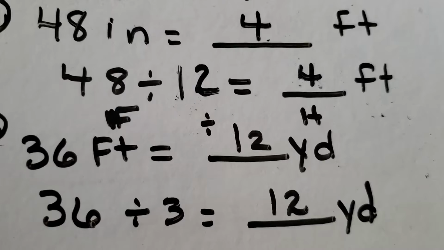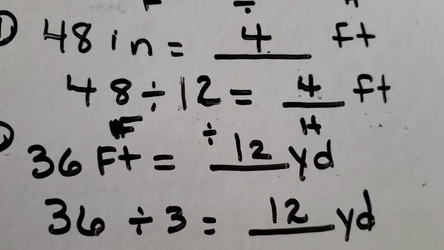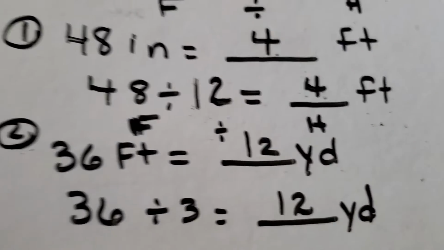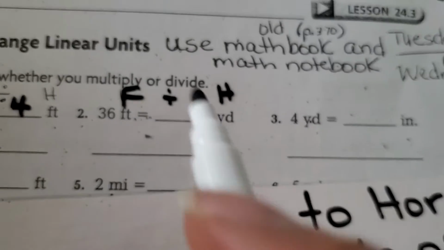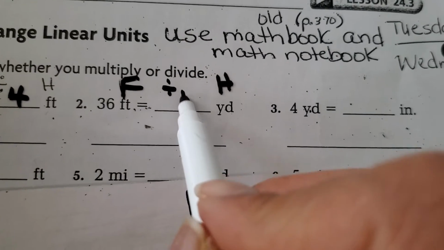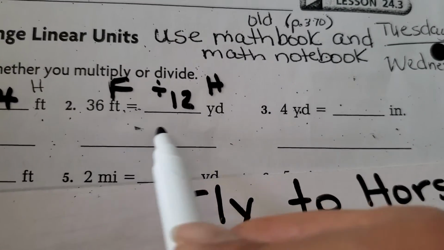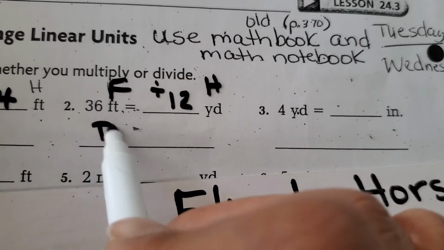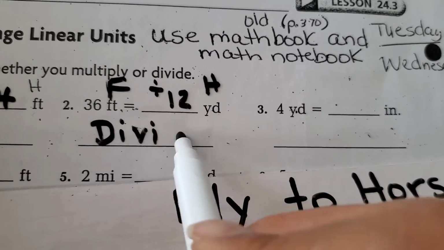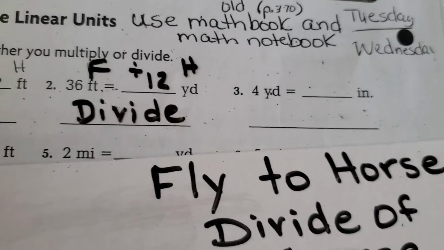Okay? That is my answer. Okay, so I'll go back to my paper. And of course, I would write my 12 here. And of course, what are we doing? We are dividing, so we would write divide.